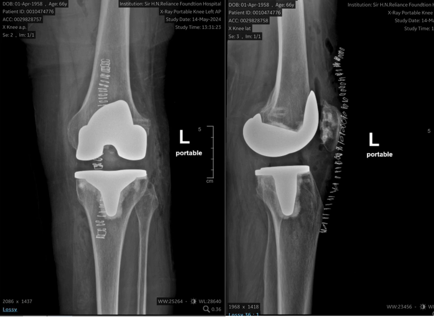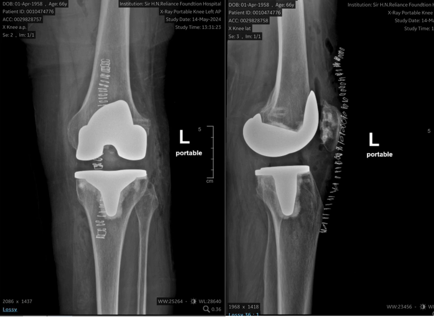The patient is not complaining of any instability, walking fine. So instead of doing a full-fledged revision, we changed the poly to a higher size, adding to the stability, and also reconstructed the posterolateral corner, which was, in my opinion, the primary cause of the instability.